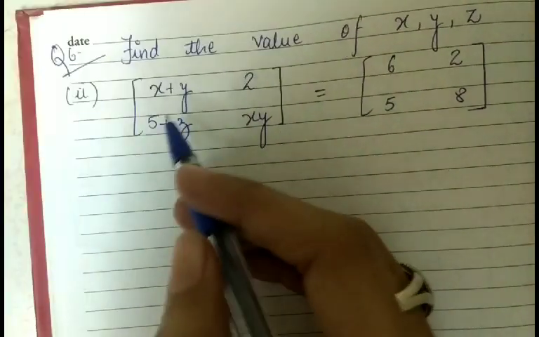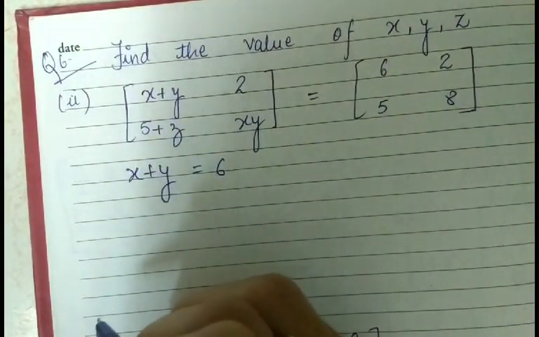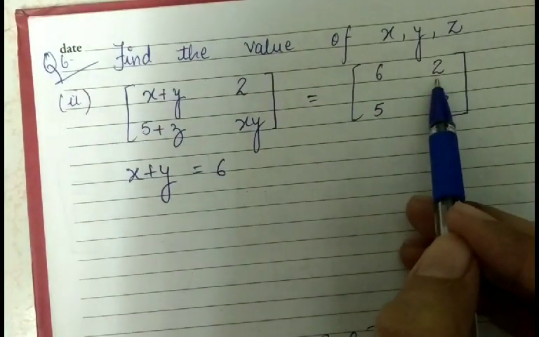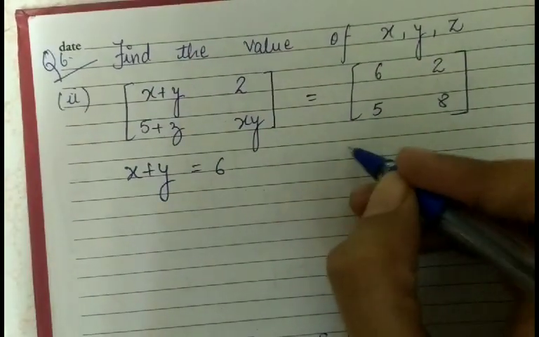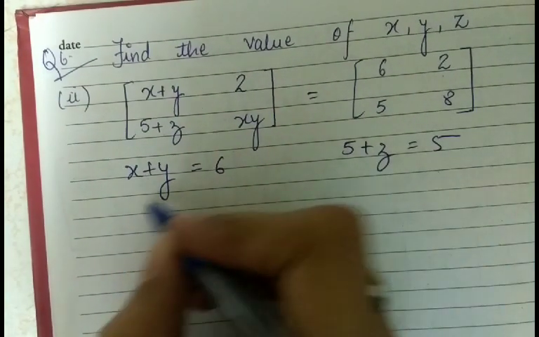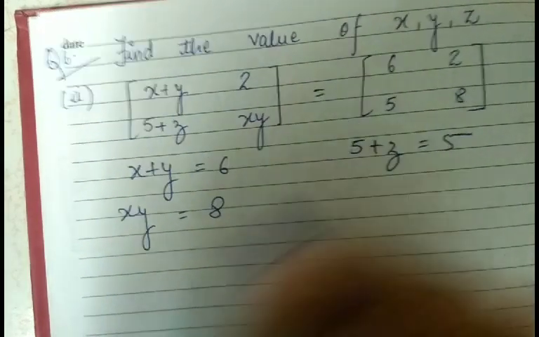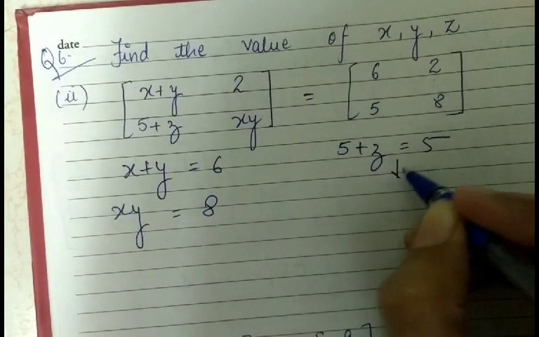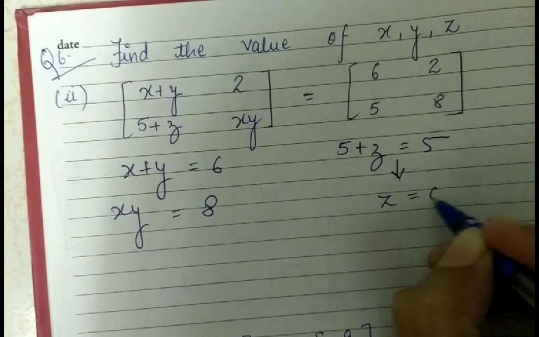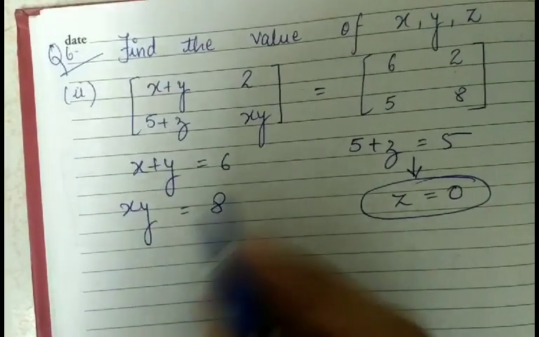So here x plus y will be equals to 6. 2 and 2 already equal given. 5 plus z will be equals to 5 and xy will be equals to 8. From here we can easily calculate the value of z. Z is 0.